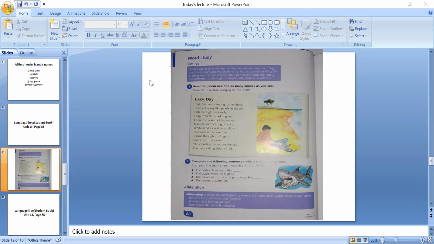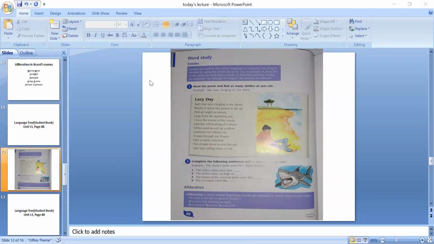Okay, second sentence. Yes, Marich, have you thought about the second sentence? The waves were as high as? As high as trees.